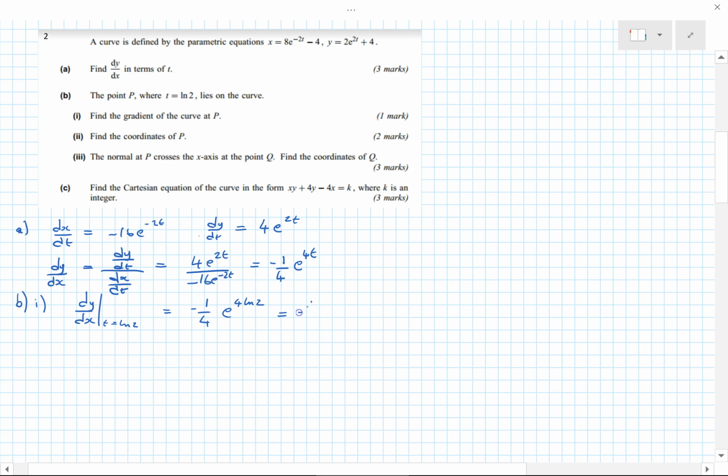I'm not going to use a calculator, but I'm sure most of you did. That's e to the ln 16, because if I take 2 to the power 4 using the rule of logs, I get 16. So e to the ln 16 by definition is 16, minus 1/4 of that is minus 4.